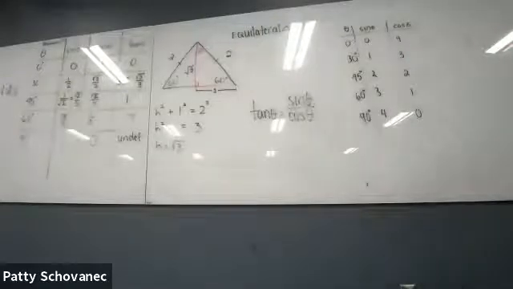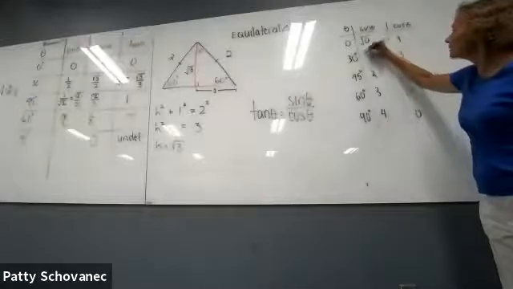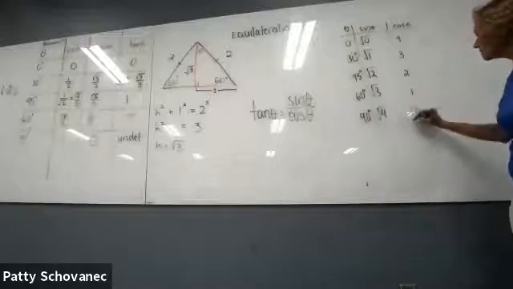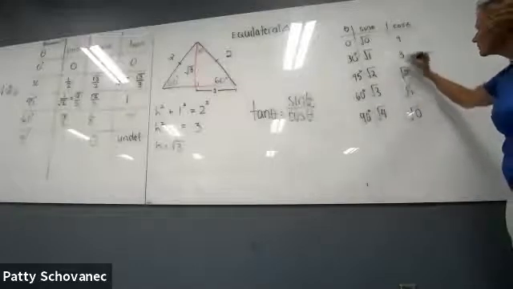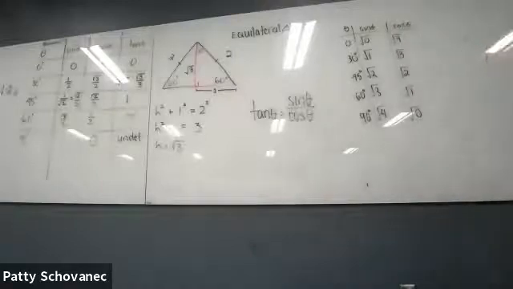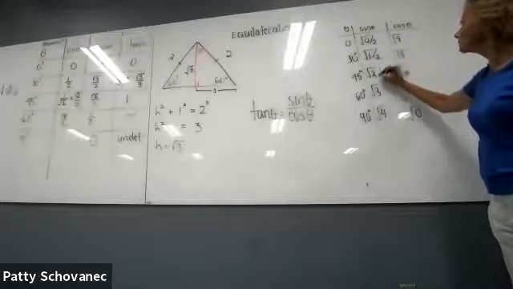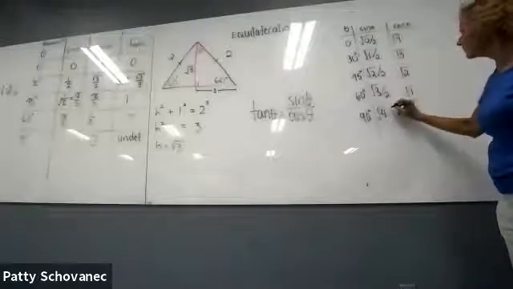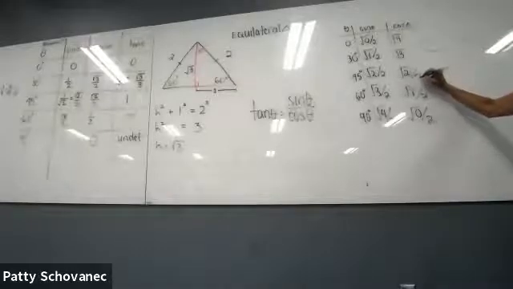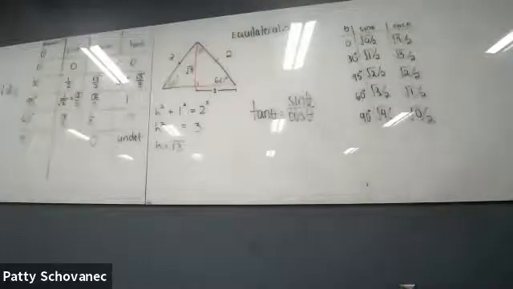The next thing I do is I take the square roots of those numbers. Then I divide those numbers by 2. And the last thing I do is simplify.